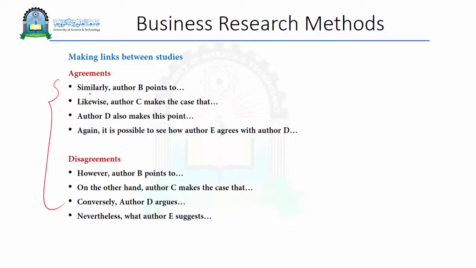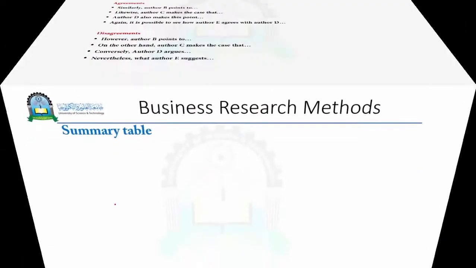So similarly, author B points out, likewise, and for disagreement, however, on the other hand, conversely, and nevertheless. This can also help the researcher to write a very cohesive research or literature review which is consistent.